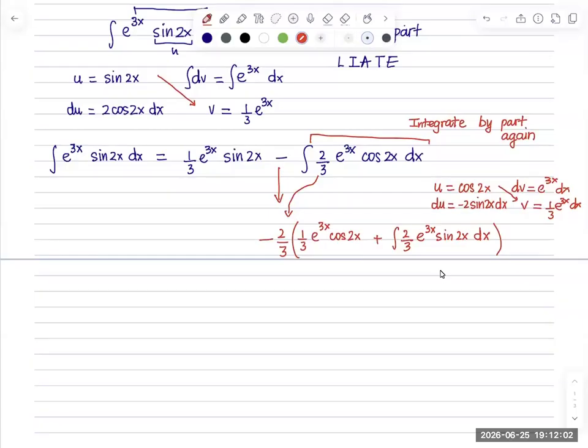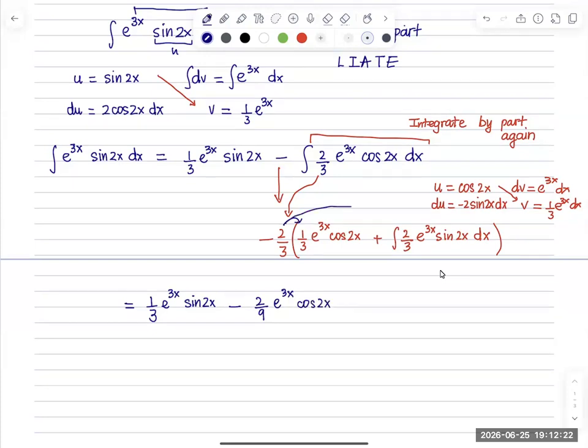So now my integral will become 1/3 e^3x sine 2x minus, if I distribute the 2/3, I have -2/9 e^3x cosine 2x.